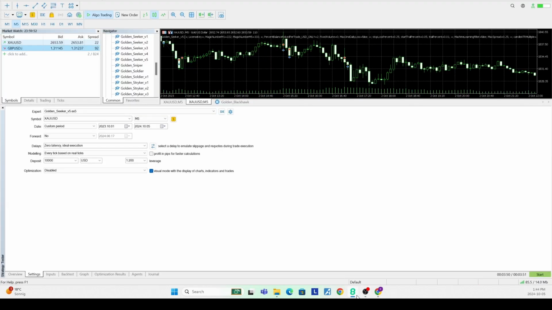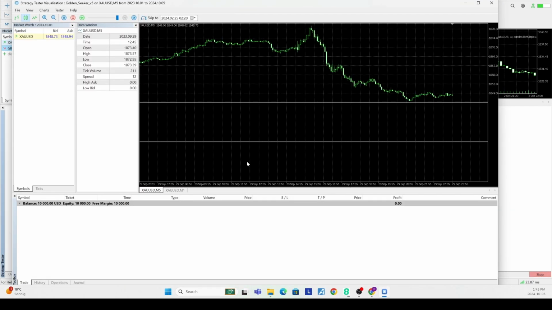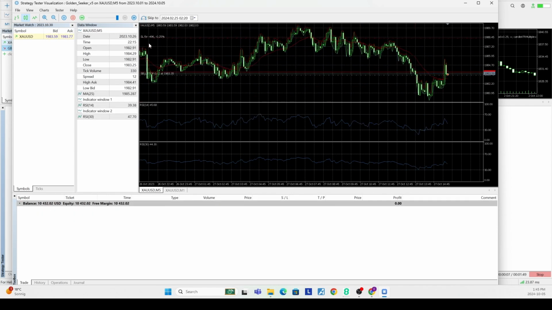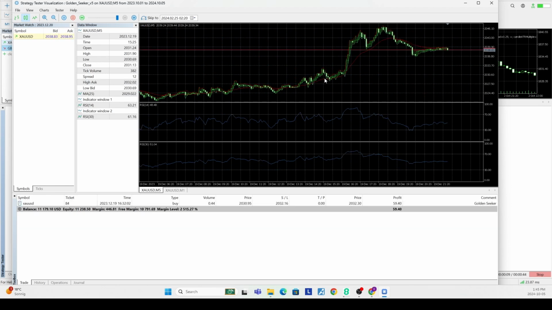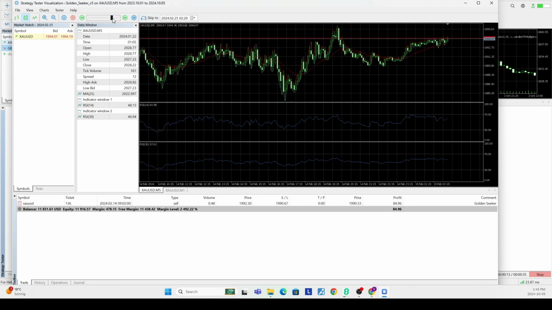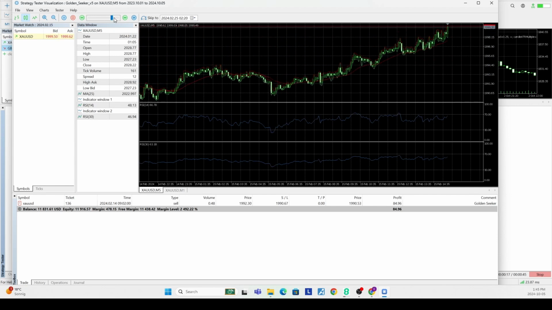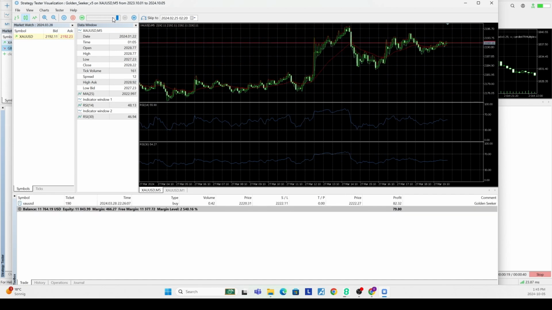We can actually run a back test here using every tick based on real ticks, just to see how an equity curve implementing this strategy would look. I'll press play real quick, and hopefully this loads relatively quickly. Perfect. We can see it running here, and as you can see, perhaps if we slow it down a little bit, it is looking for impulses in the market and trading the pullbacks.